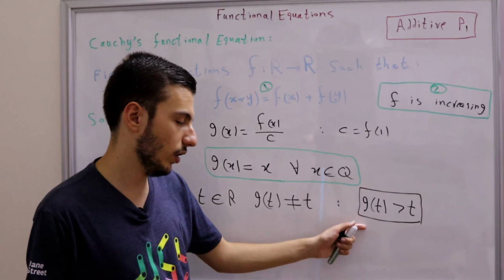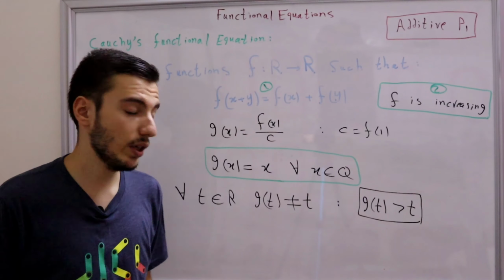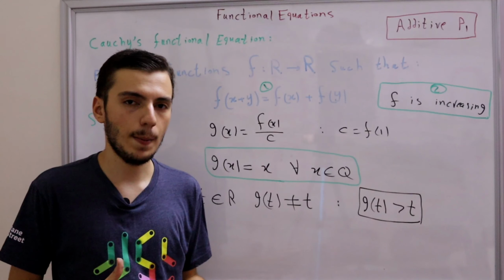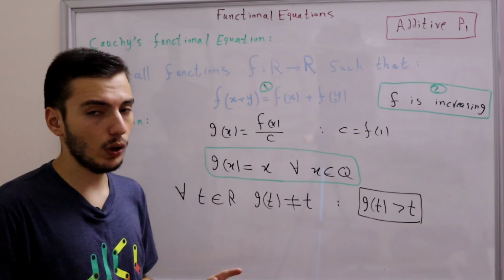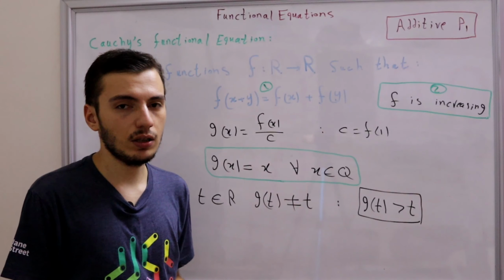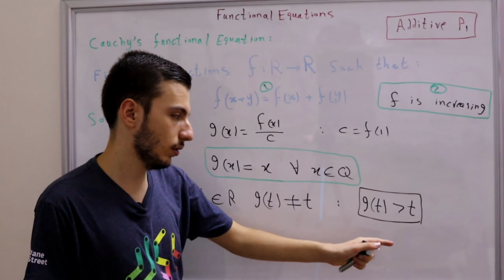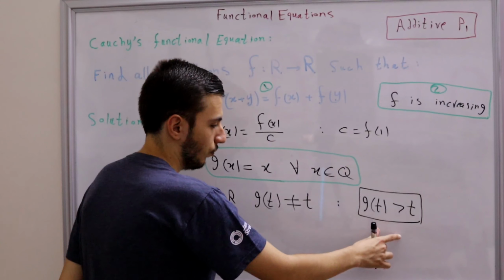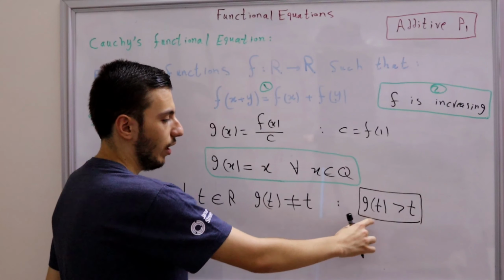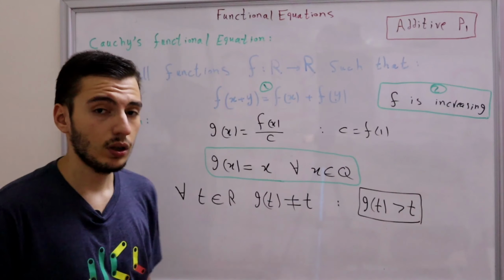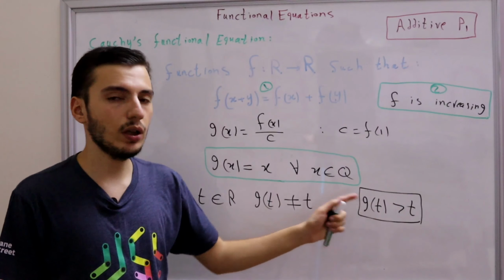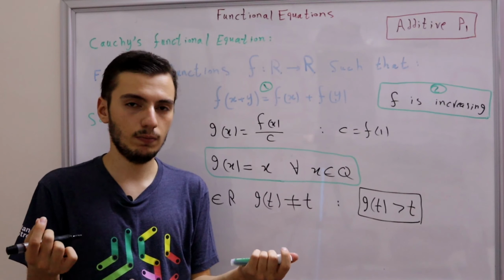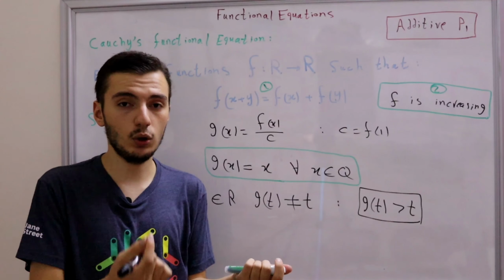Of course, g of t is greater than t. Well, here is the cool idea. You know that g of t is strictly greater than t. But I want to ask you a question. Can I find one rational number r such that r is less than g of t and r is greater than t? So basically here we have two distinct real numbers. Can I find one rational number between them?